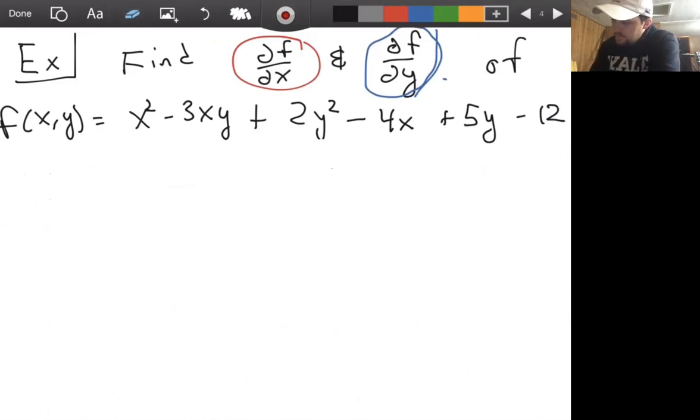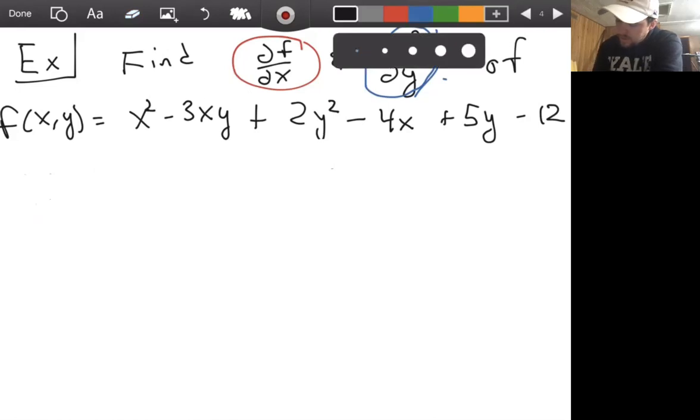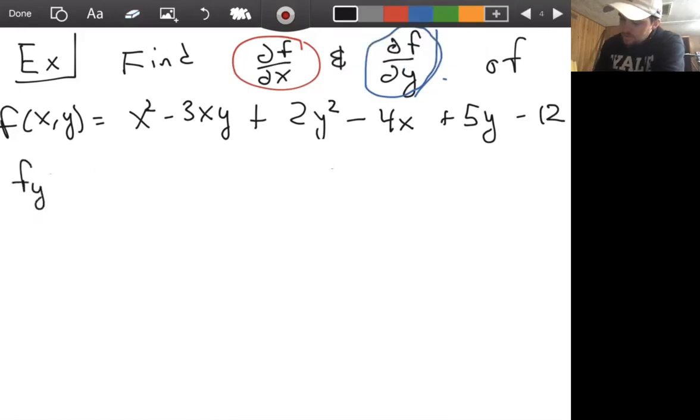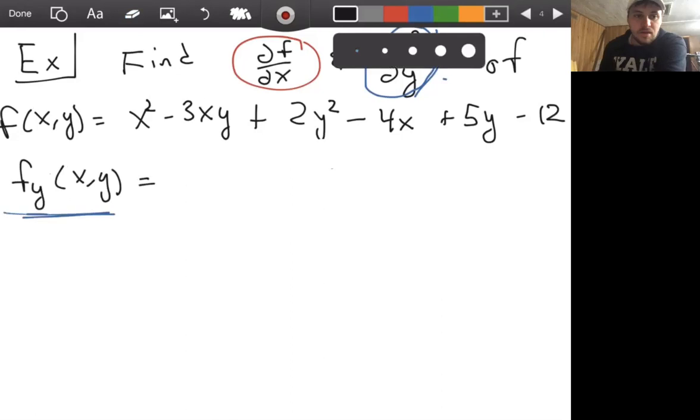And so now, let's calculate the partial derivative with respect to y, which the other notation would be, say, f sub y, or the partial with respect to y.